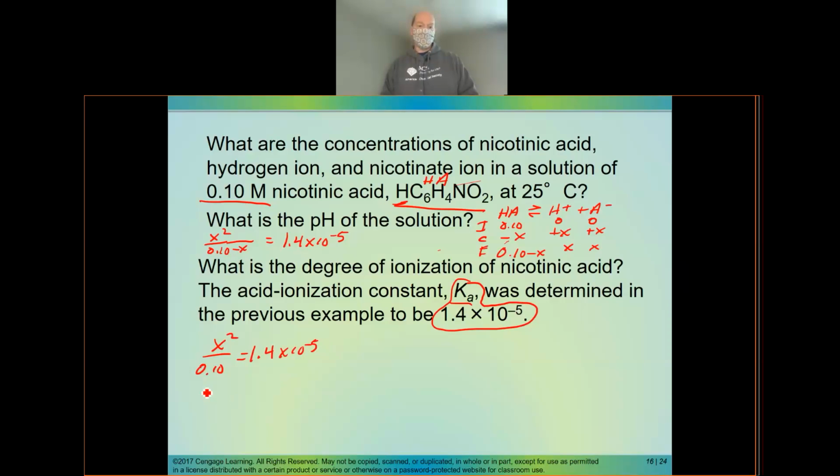When you multiply both sides by 0.1 and take the square root, you get 1.2 times 10 to the minus 3. When you plug that back in to check, X is exactly the same, 1.2 times 10 to the minus 3. That is your answer for X.